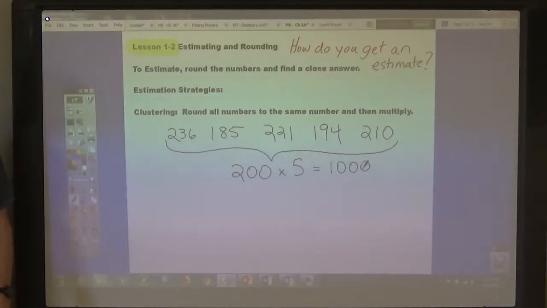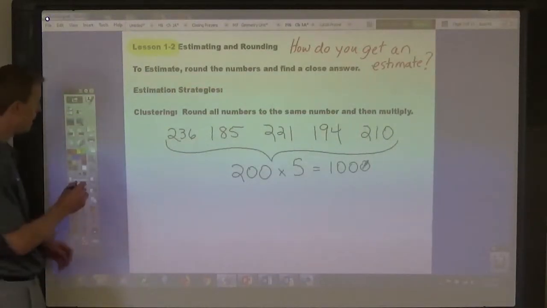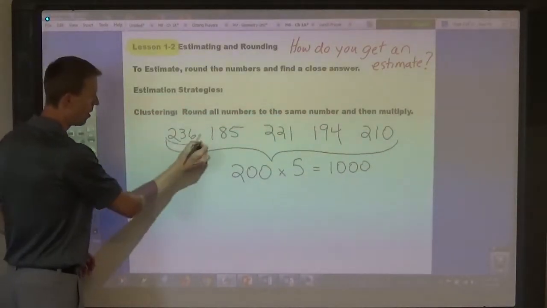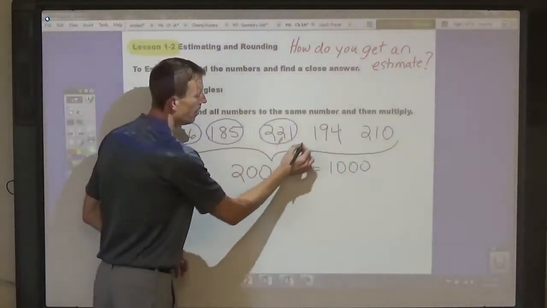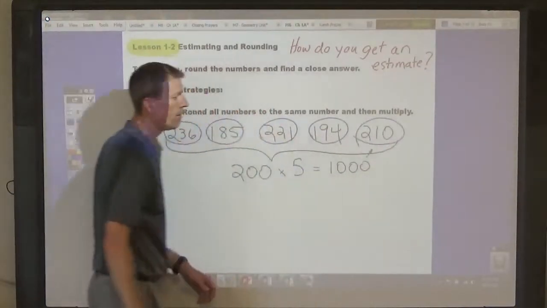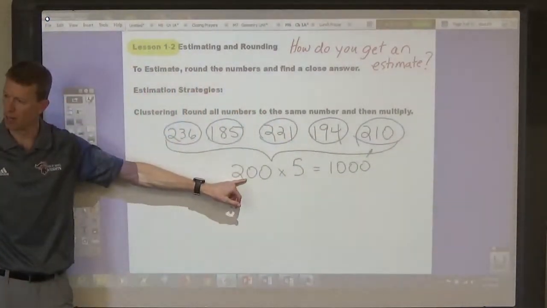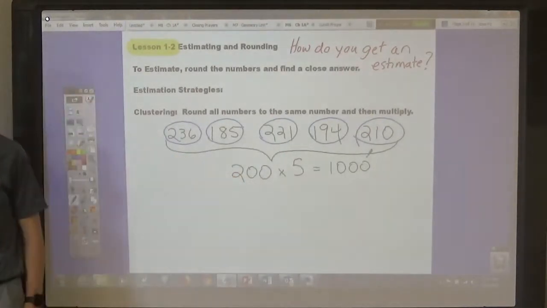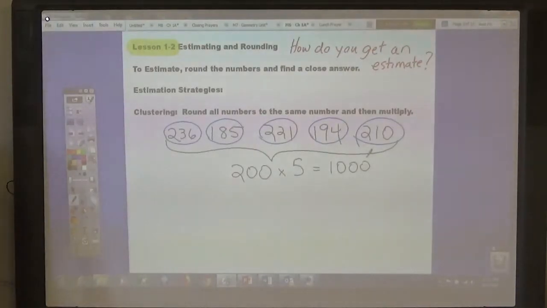It's however many numbers you rounded. So there's 1, 2, 3, 4, 5 numbers that we rounded to 200. So we just multiplied 200 times 5 to get the answer.